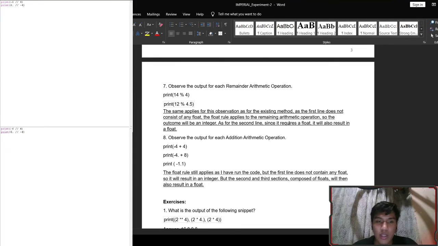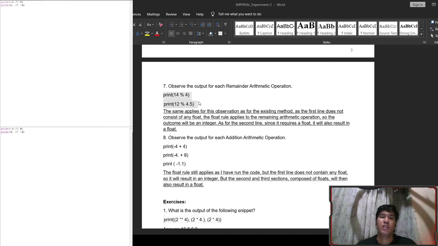Okay, number 7, guys. Observe the output for each remainder arithmetic operation. Print 14 % 4. Let's copy paste this, guys. Let's not waste our time. Wait lang, guys. Okay, first line 2.